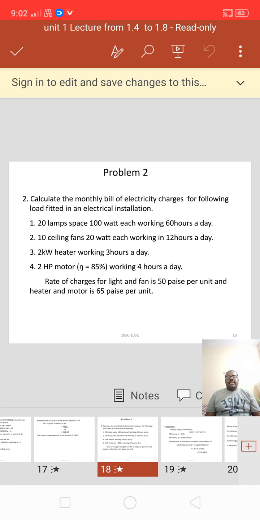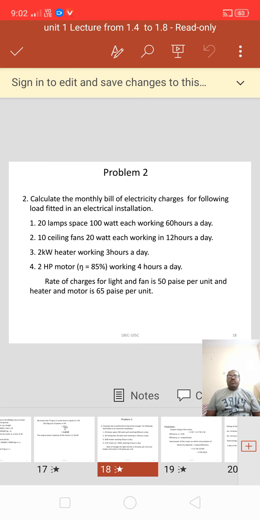Second one, 10 ceiling fans of 20 watts each, working 12 hours a day. 2 kilowatt heater working 3 hours a day. 2 HP motor, efficiency 85%, working 4 hours a day. Rate of charges for light and fan is 50 paisa per unit, and heater and motor is 65 paisa per unit. Okay, this is the given data corresponding to problem 2.